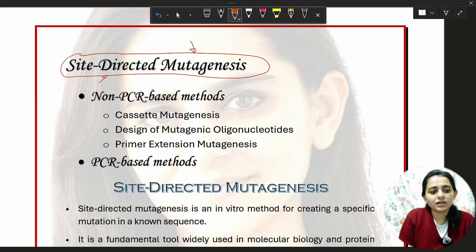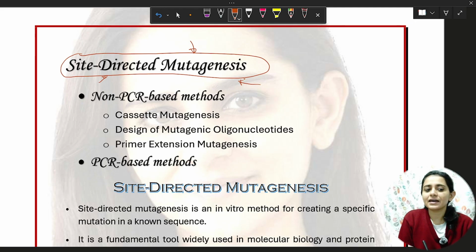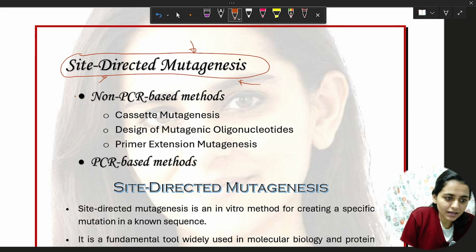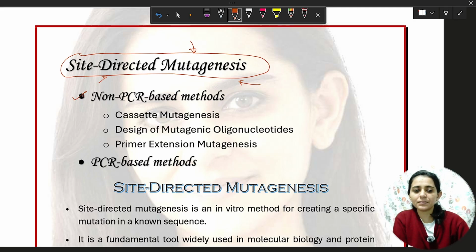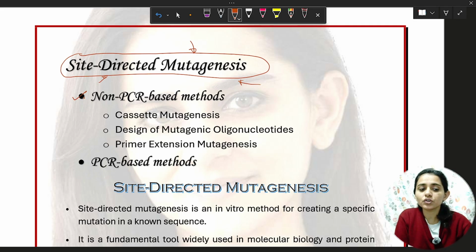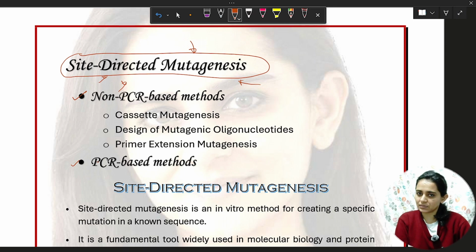And what topics will we cover? First we will understand what site-directed mutagenesis is, and then two major topics are in it: non-PCR based method which is doing mutagenesis, and one is PCR based method.